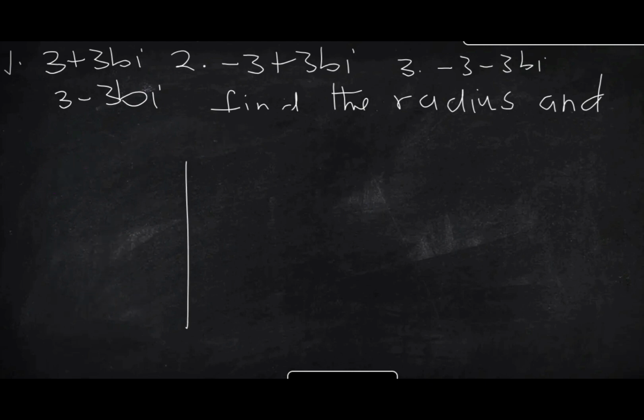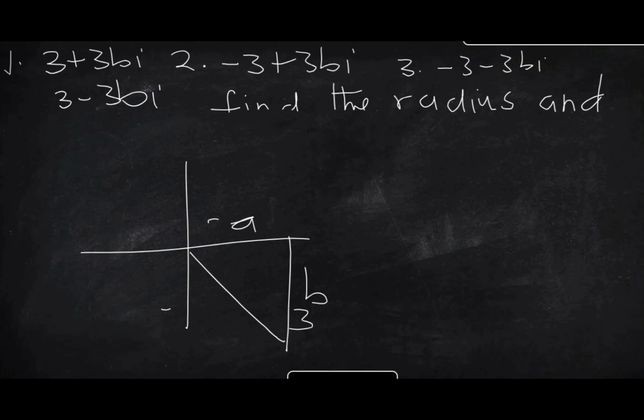In our last example, we can see that B is negative and A is positive, so that lies in the fourth quadrant. We have our negative B and our positive A, which is 3 and negative 3.